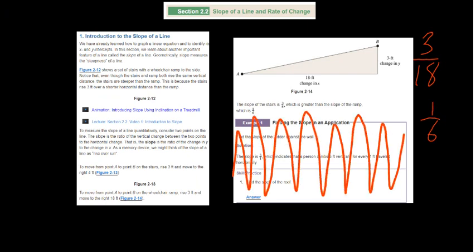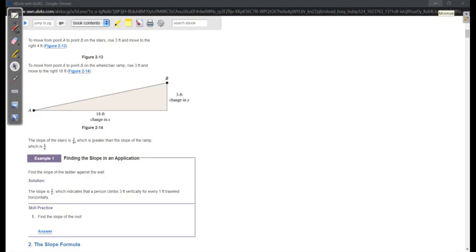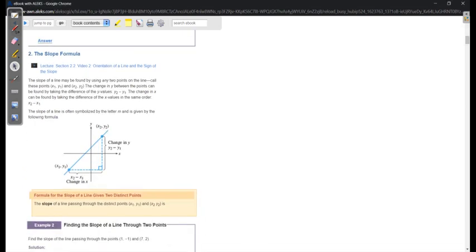Am I missing something? I don't know. We're also going to skip example 2 because example 2 leads to example 3, and example 2 just doesn't have enough substance for me.